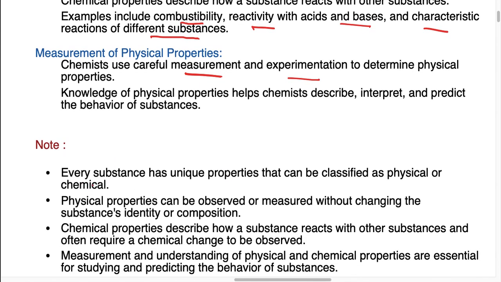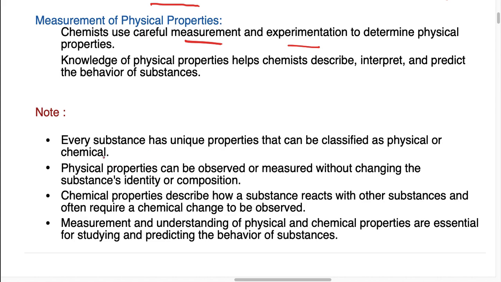Let's see the important points related to this slide. First, every substance has unique properties and can be classified as physical or chemical. The physical properties can be observed or measured without changing any substance's identity or composition.